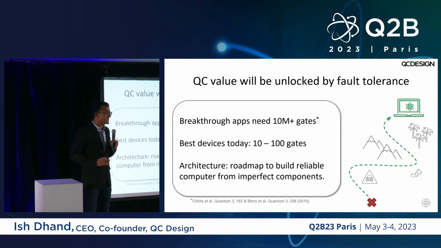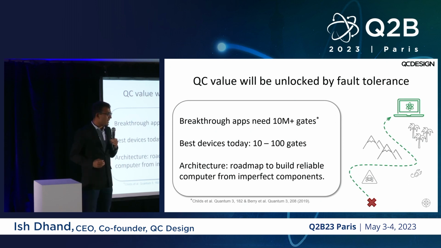We can confidently say that quantum computers will generate tremendous progress for society and industry. But truly breakthrough, truly valuable applications of quantum computers need tens of millions of gates. And going from the 10 or 100 gates that we can run on today's devices to tens of millions needs fault tolerance.